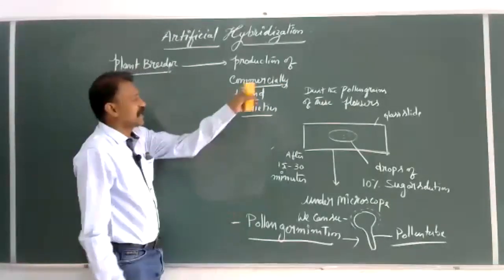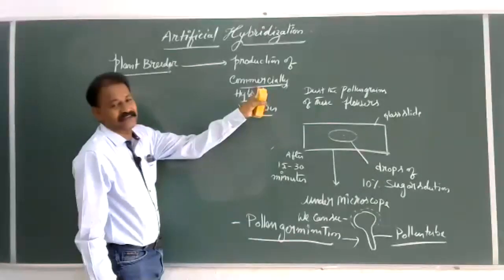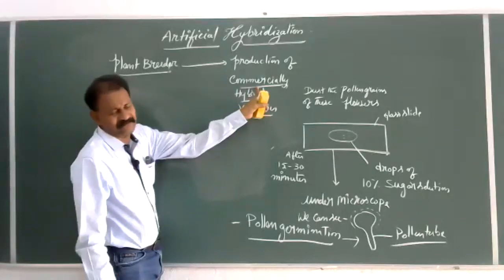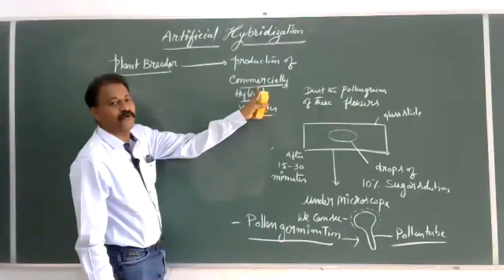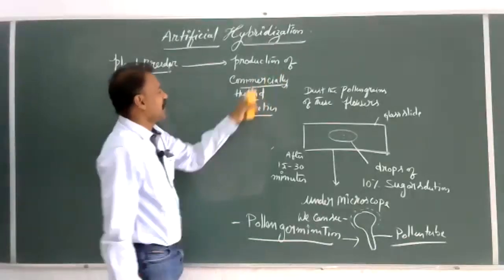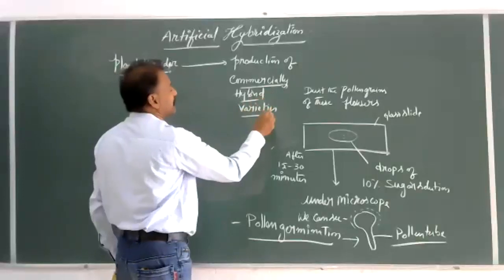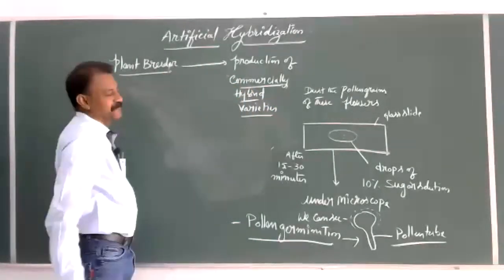It means commercial plants, crop plants, which are important as our crop, food, fiber, various vegetable yields, economically important plants. Production of commercially superior or hybrid varieties. This is the motto of a plant breeder.